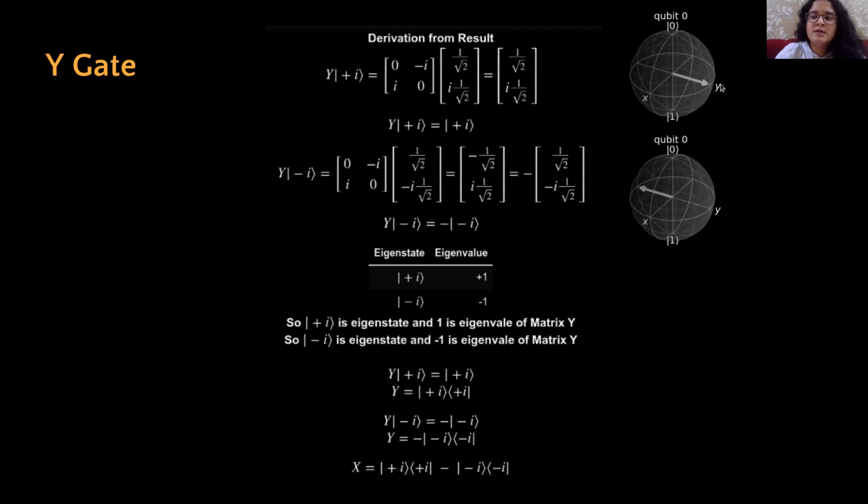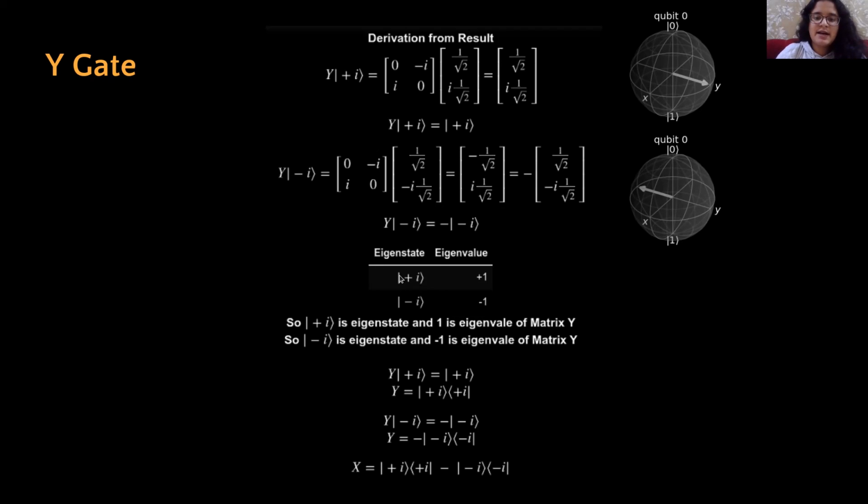Therefore, we know the eigenvectors and eigenstates of the Y gate, which are ket plus i and ket minus i. This is from intuition, and we're verifying it mathematically over here just to be sure, but we know that these two will give us the Y matrix. So we don't really need to know the Y matrix because we're finding it.